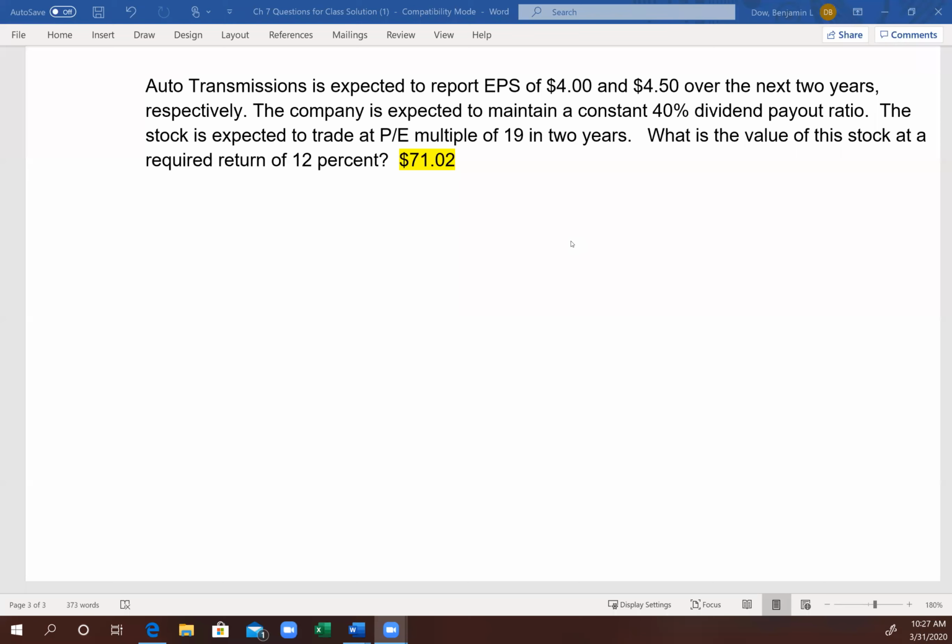All right, let's go ahead and look at this last one. Auto transmission is expected to report earnings per share. And remember, this is earnings per share: year 1 of $4, and year 2 of $4.50. Now remember, earnings per share comes from net income.